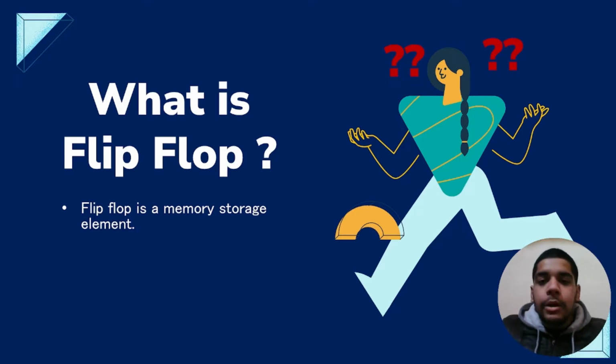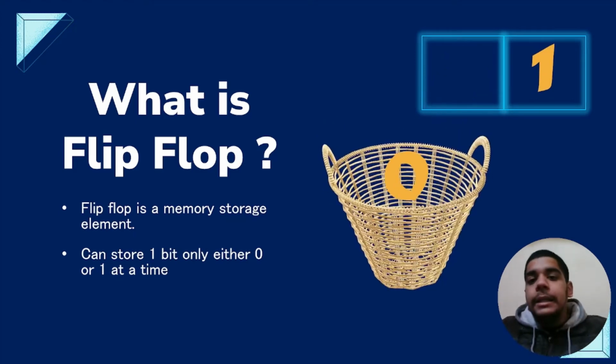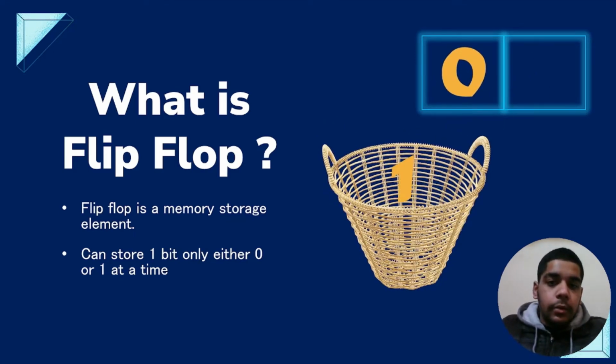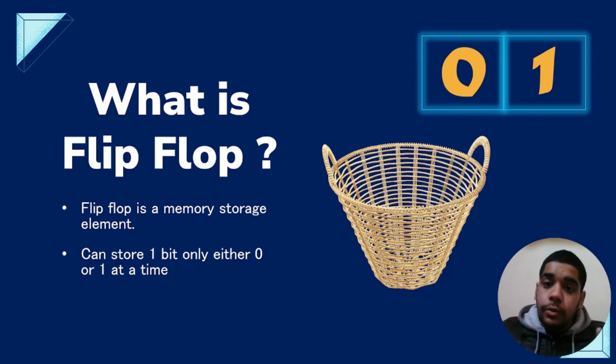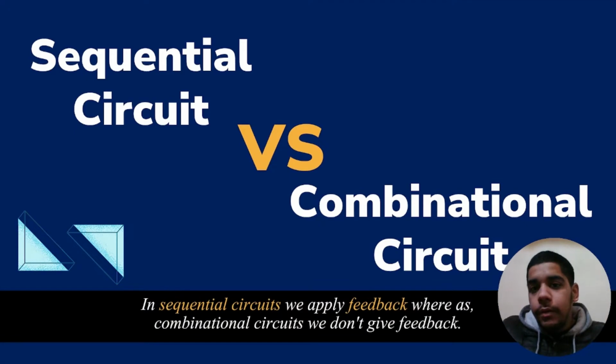The special capability of the flip-flop is that it can store one bit at a time, either 0 or 1. I think it is clear what a flip-flop is, so let's move forward to the things which will make the understanding of the flip-flop much clearer.